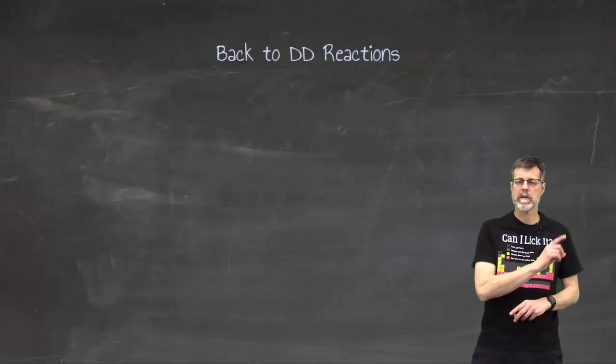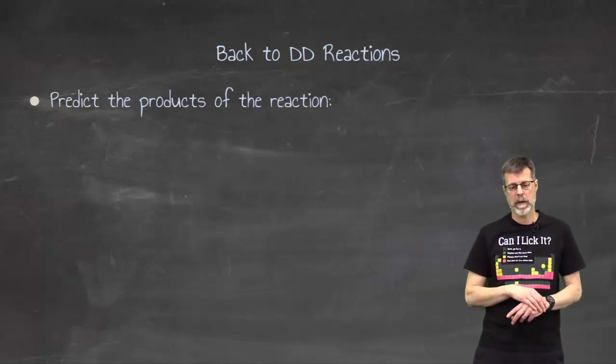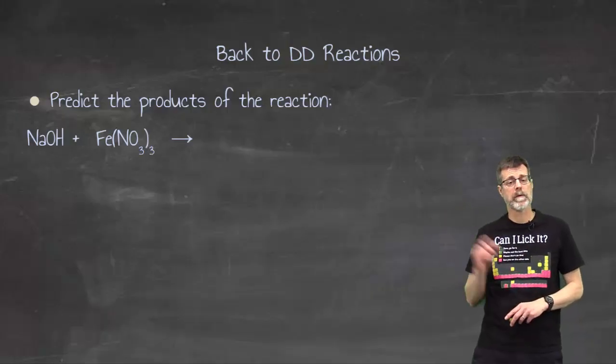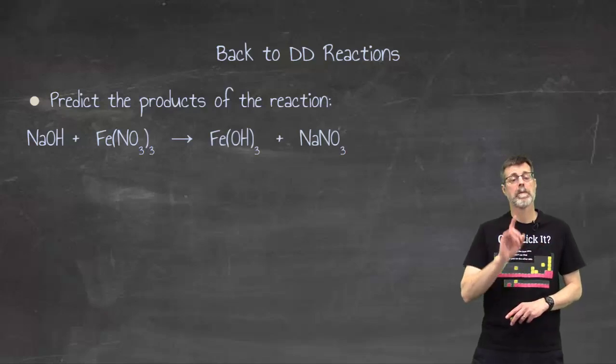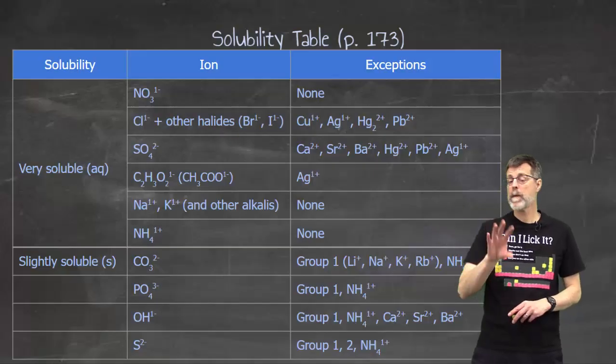Okay, if I go back to a double displacement reaction where I'm predicting products and then I'm looking at the products. This one here. By the way, if you were to look for these compounds on that table, you would find that both of the reactants have high solubility, which is normal. But the products might be a different story. If I want to look at the products, well, now I'm only looking at the products.